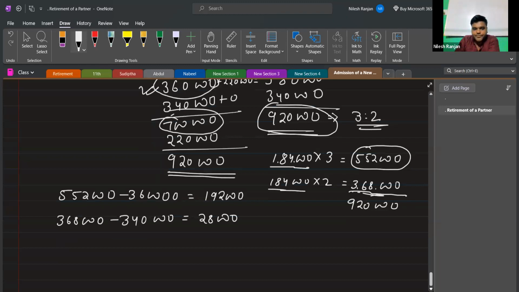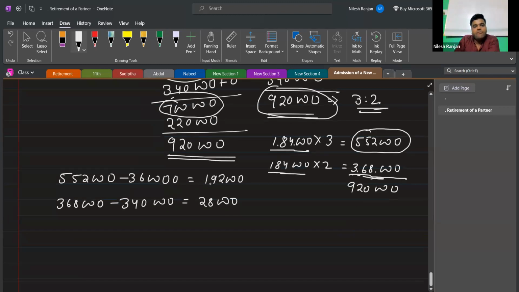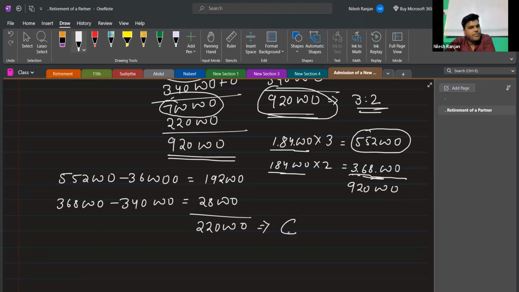So A will bring 1,92,000, B will bring 28,000. The total will become 2,20,000, and it will be paid to C. You understood the concept or no? So these are 3 cases of adjustment of capital in retirement chapter.